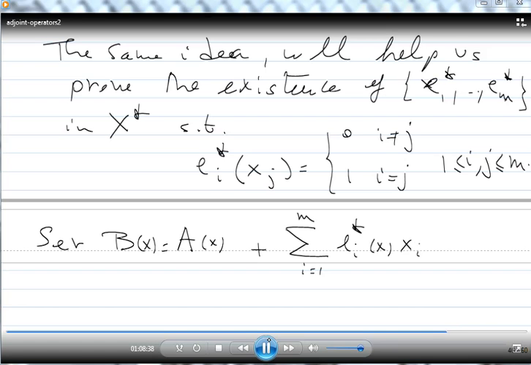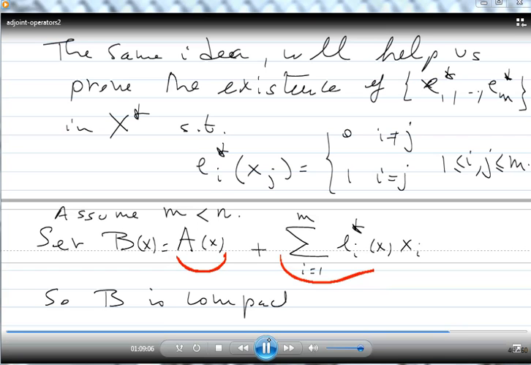So first assume m less than n, and introduce this operator. This part is compact, and this part is compact because you are in a finite dimensional space. Therefore, the sum of two compact operators is compact. So B is compact.